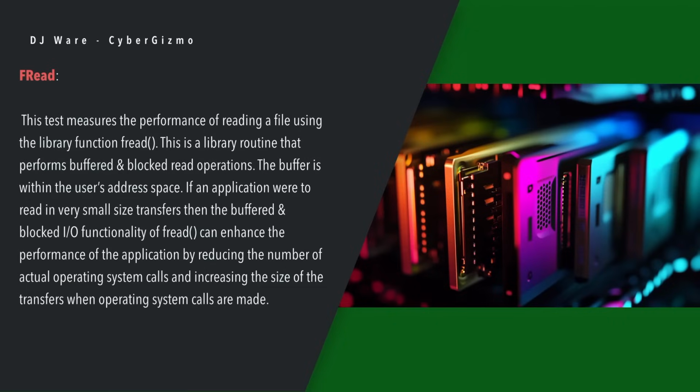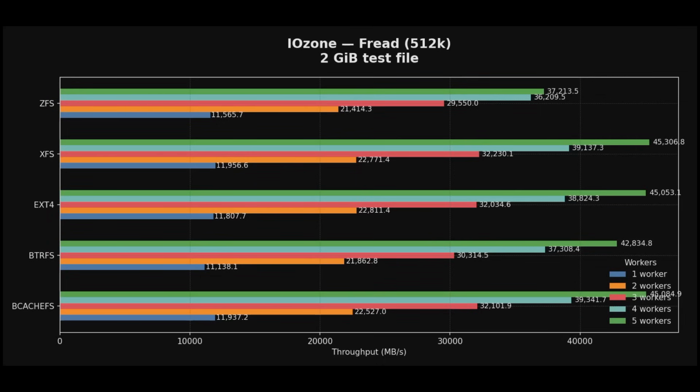So FReads, this is a stream read. I would say the winner here is Bcachefs in this particular way of doing things. Yeah, ZFS struggles a little bit to get its feet under it. But it is scaling up. All of them are scaling up really well. This is a big change from the past.